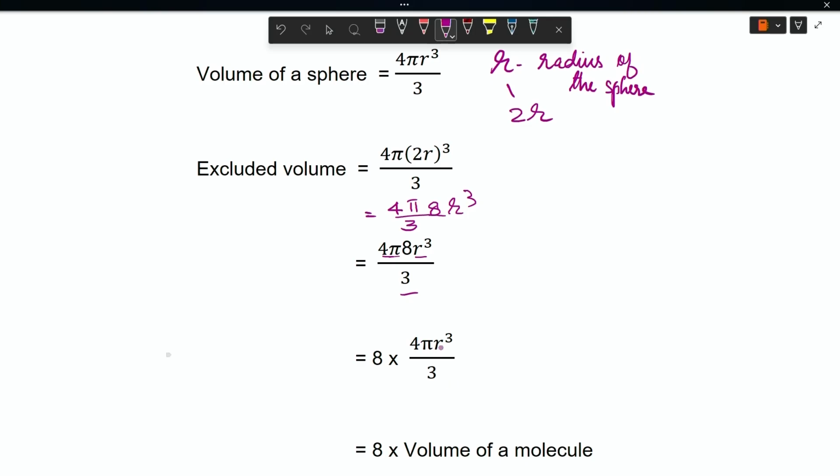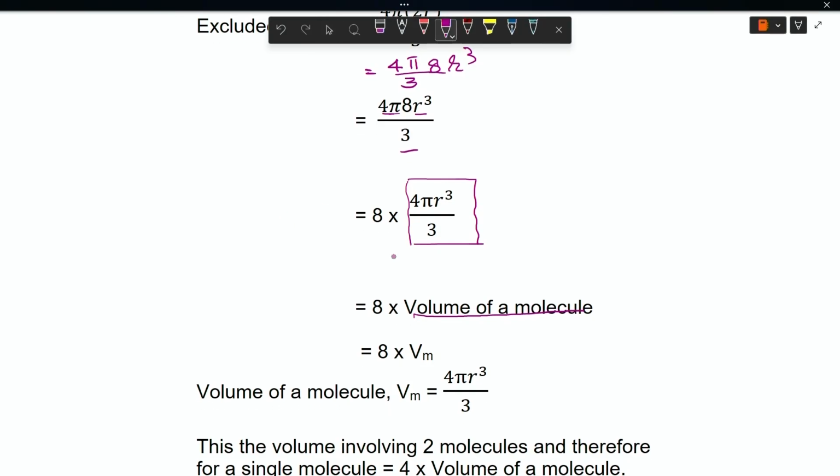Now, 4 pi r cubed by 3 is the volume of a molecule, right? Because we consider molecules to be spheres, and r represents the radius of the molecule, the volume of a single molecule is given by 4 pi r cubed by 3.